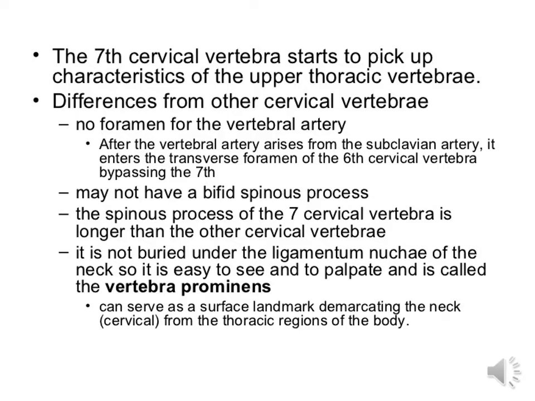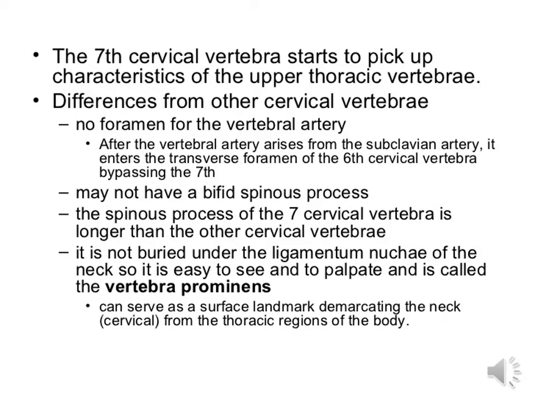The spinous process of the 7th cervical vertebra is longer than in other cervical vertebrae. It is not buried under the ligamentum nuchae of the neck, so it is easy to see and to palpate, and is called the vertebra prominens. It can serve as a surface landmark demarcating the cervical region from the thoracic region of the body.